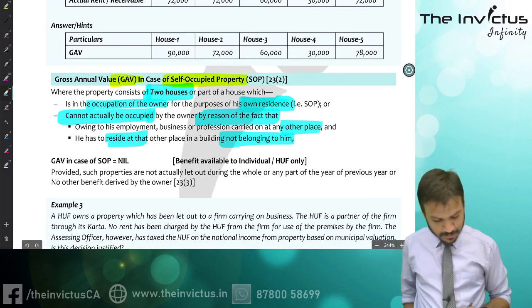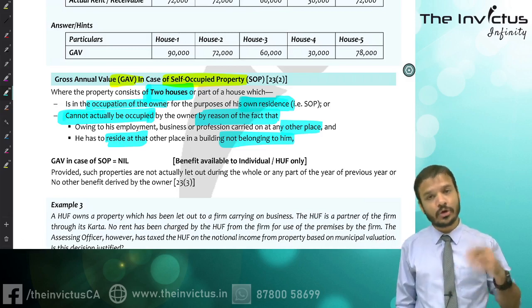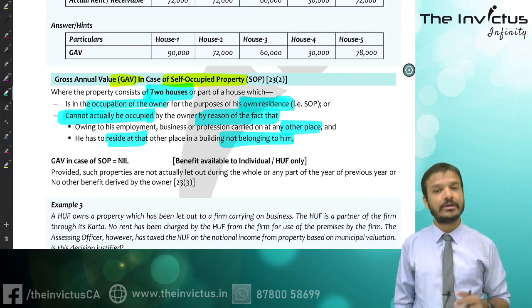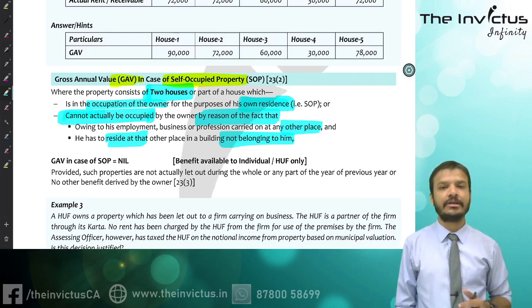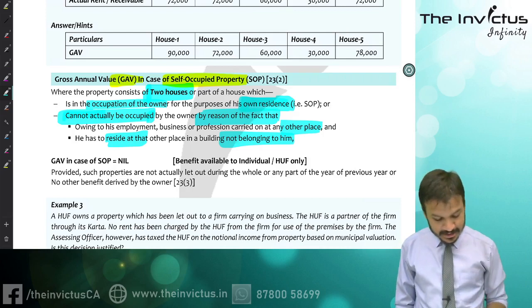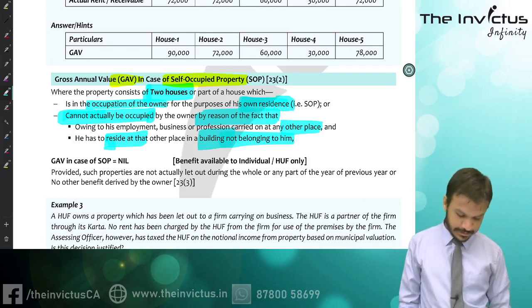One, I am using it for my own residential purpose, and second, I am not able to occupy that property for my residential purpose because my employment, business or profession is set up at another place, and I am residing at that other place in a building which does not belong to me, right?